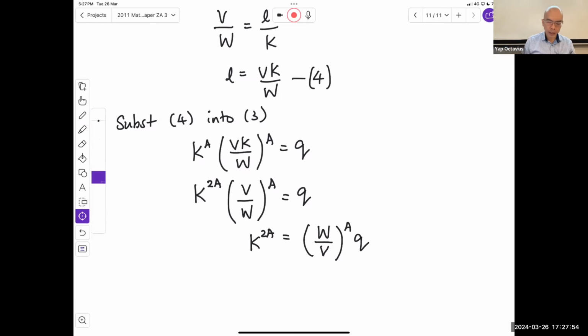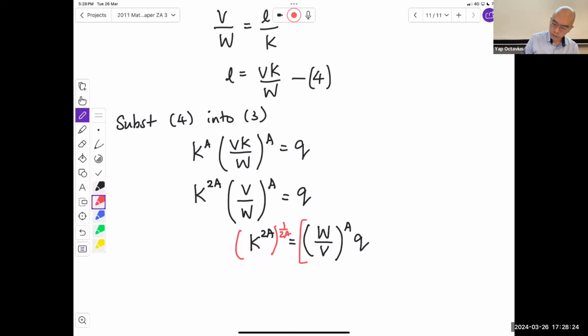Okay, so now here comes this. You need to take the root, the root of 2a. So what I mean is you need to think about how to do this. You need to multiply it by this power, so on both sides, so you can get rid of the 2a.